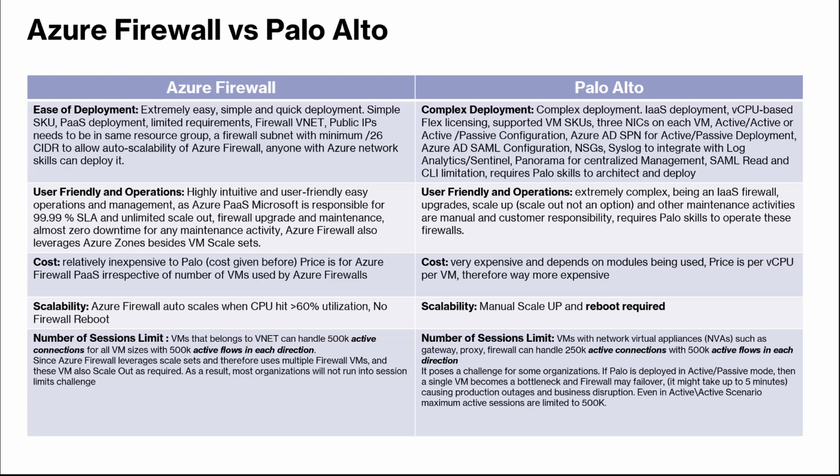On the contrary, Palo Alto is very expensive, and your pricing is per vCPU, and on top of it they will charge you for every single VM, because each VM would use its own vCPUs, and depending on what throughput you need, there are a lot of calculations behind it. Your Palo Alto solution, 100%, will be way more expensive than Azure Firewall.